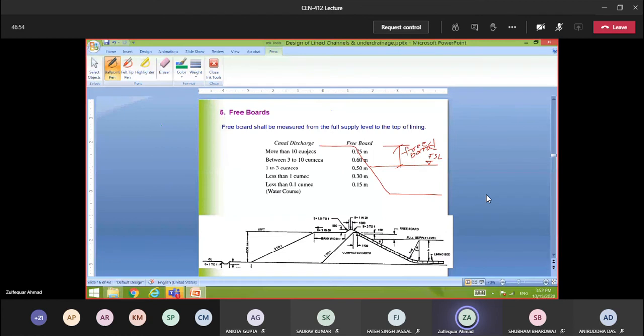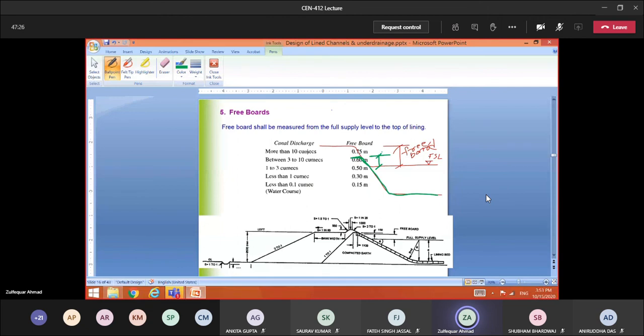लेकिन जब लाइनिंग कर रहे हैं तो लाइनिंग जो है आपको पूरे ऊपर तक नहीं की जाती है. लाइनिंग फुल सप्लाई लेवल से थोड़ा ऊपर उठाई जाती है और यहाँ पर कोपिंग प्रोवाइड की जाती है. This coping that is being provided, and in this case the freeboard is not from the full supply level to the bank of the canal, but only up to the top of the lining.